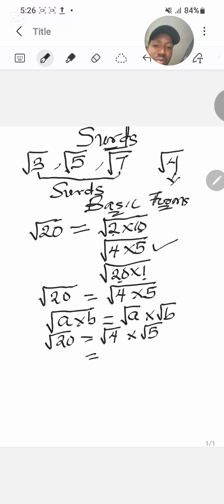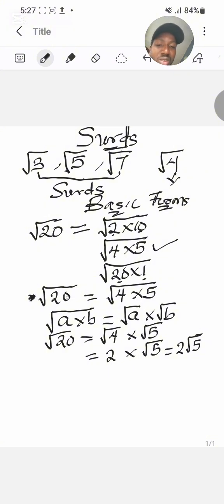Square root of 4 is 2, so 2 times root 5 gives me 2 root 5. So 2 root 5 is the basic form of root 20. That's what we mean by basic form of surds.